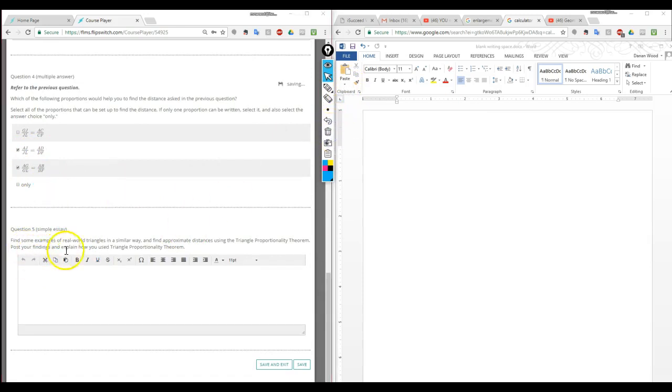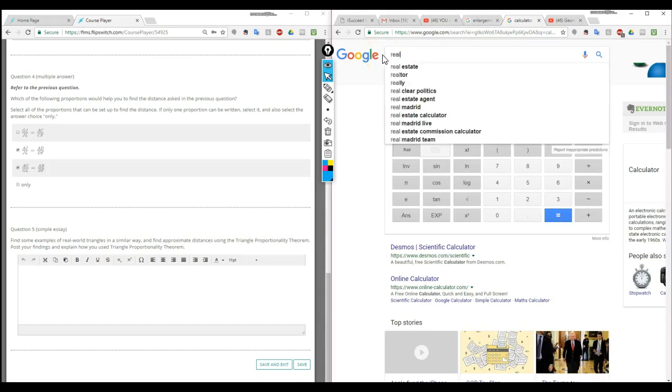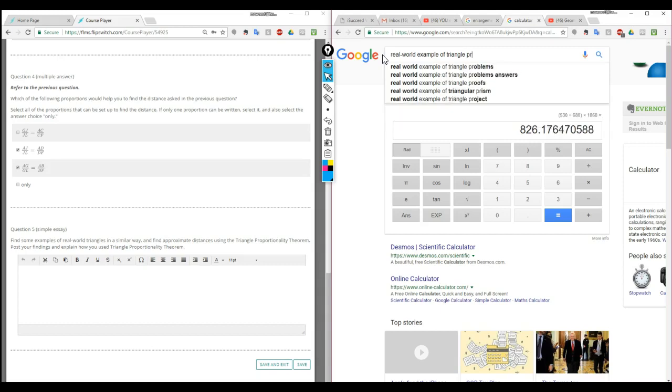Alright. Now find some examples of real-world triangles in a similar way and find the approximate distances using the triangle proportionality theorem. So I would grab Google and type in real-world example of triangle proportionality.